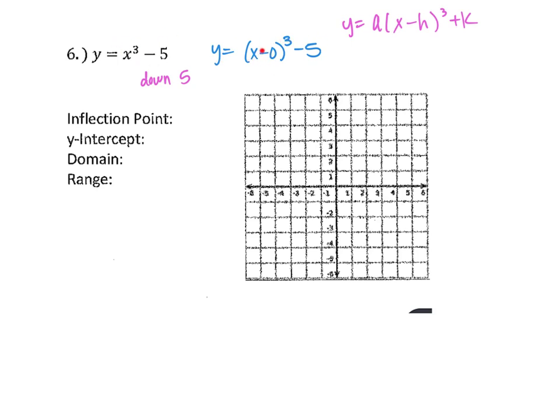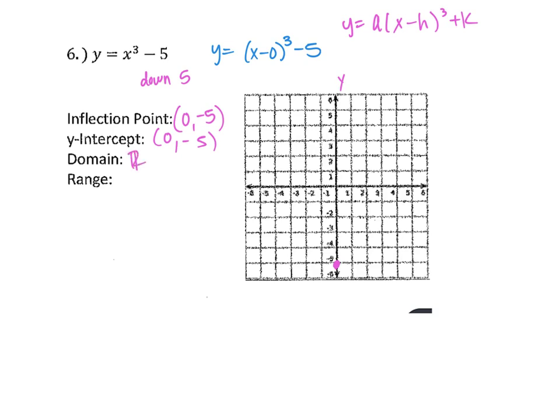So there's no shift for the horizontal. In this case, I'm just going down 5, which would be right about here. And so my inflection point is (0, -5). Now, if I really think about it, because this sits on the y-axis, this is also my y-intercept. So the inflection point happens to also be my y-intercept.